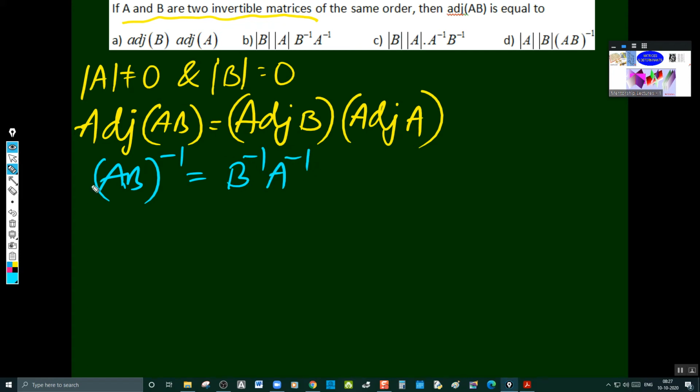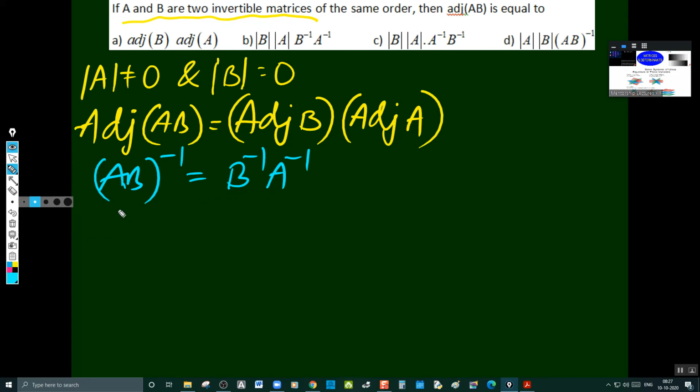So all the results related to splitting of matrices when they are under the same operation in the product, like adjoint of AB, are to be split from the right side. If it is adjoint of ABC, then adjoint of C into adjoint of B into adjoint of A. If ABC whole inverse is there, it is C inverse, B inverse, A inverse.